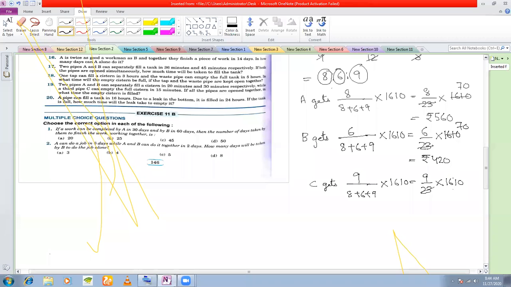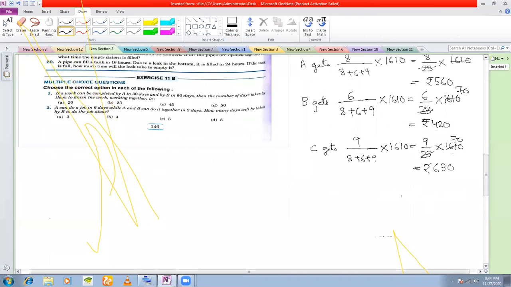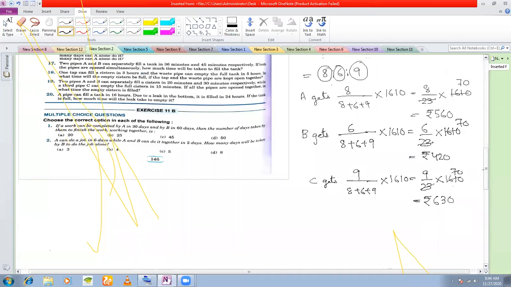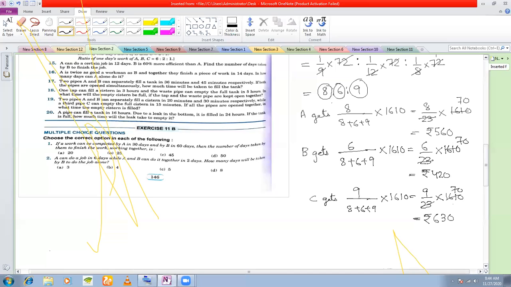So again this cancels. So I get 630 rupees. That's it. So how much will A get? A is getting 560 rupees, B is getting 420 rupees, and C is getting 630 rupees. That's it. Okay. So I stop here for today.